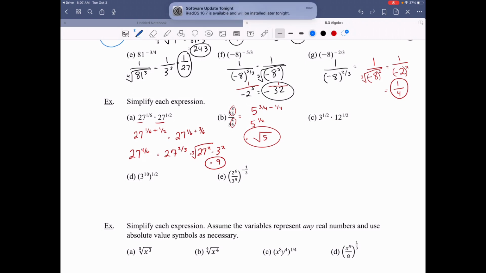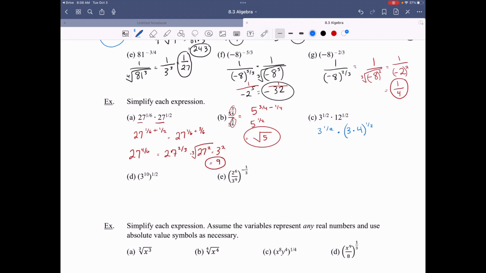Actually, I realized that these are not the same base. So they're different bases, so we're not going to add the exponents. But what we could do is write it like this: 3 to the 1/2, and 3 times 4 is 12. So we gotta be a little tricky here.